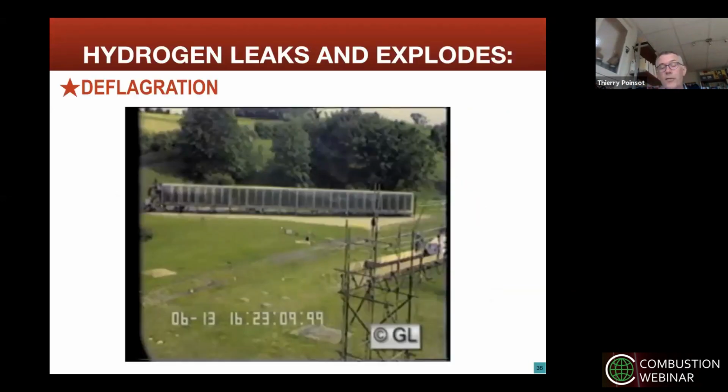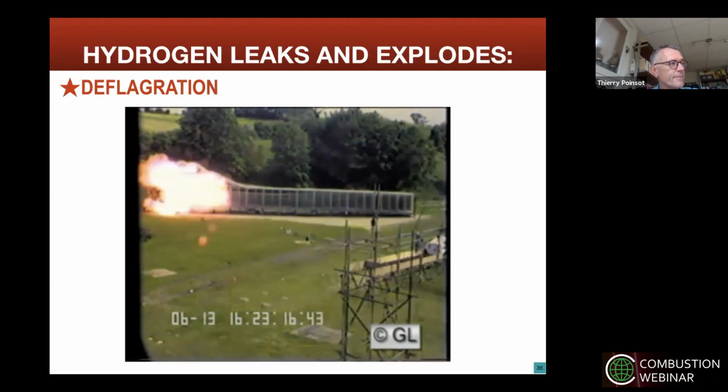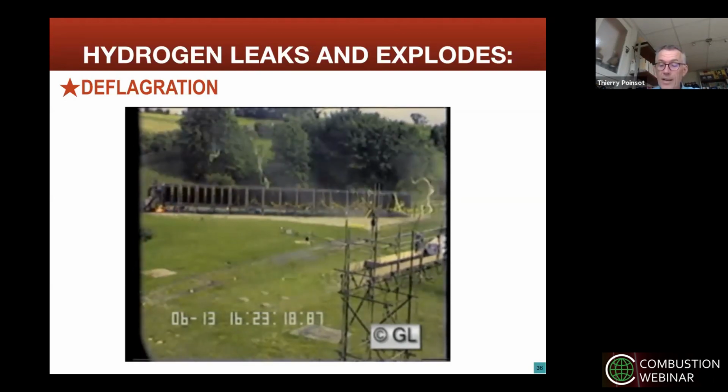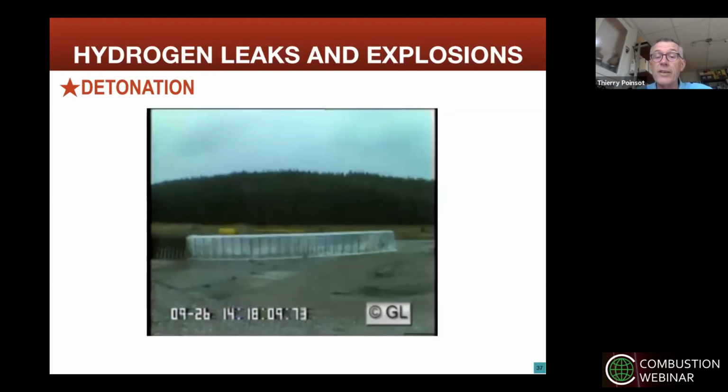The other problem, of course, is if hydrogen leaks easily, for example, in a building, and you start accumulating hydrogen at one place and someone is smoking or switching a light, then you can have an explosion. Explosions come in different ways. This is an example of deflagration where things are not too bad. But you can have much worse problems, and hydrogen makes them actually very bad.